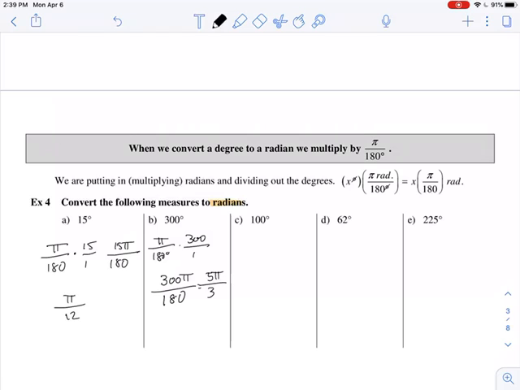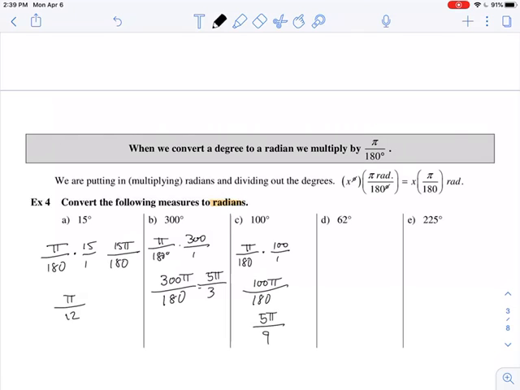I'm going to radians, so I want to multiply pi over 180 times the degree, which is 100 over 1, right? And I end up with 100 pi over 180, and that's going to reduce down to 5 pi over 9.